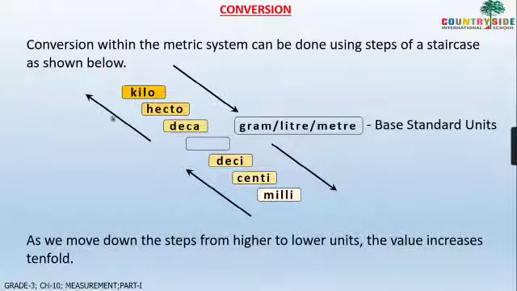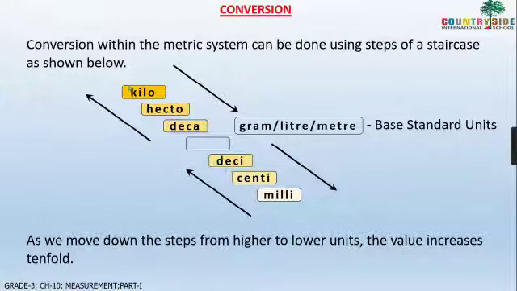Now children, we know how a staircase is. In a staircase either we go from up to down or from down to up. So here also there is one system in the form of a staircase. Now we will see how this staircase is formed.